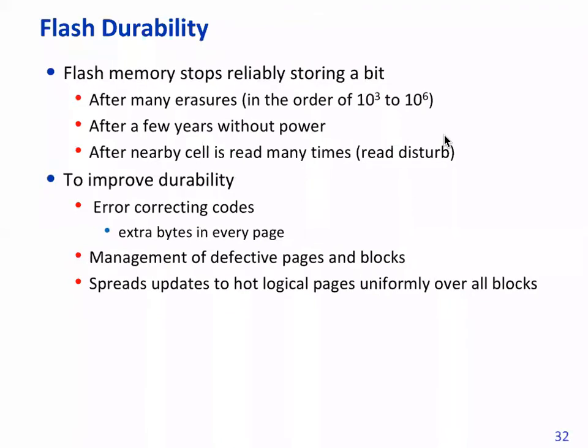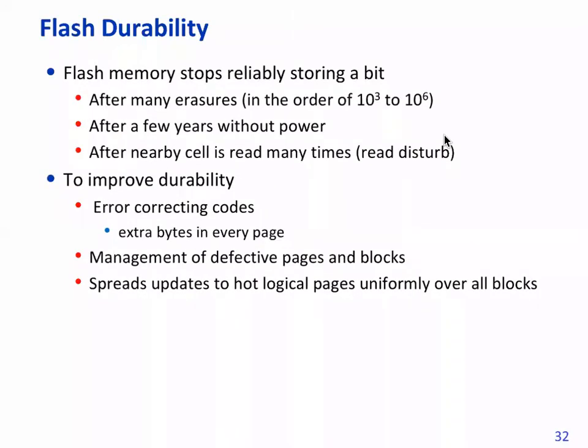All right, so just before going into architecture again, let's see the flash durability. The number of cycles that it can endure, that's erase and write cycles, or erasures, is usually between 10 raised to the power 3 and 10 raised to the power 6.